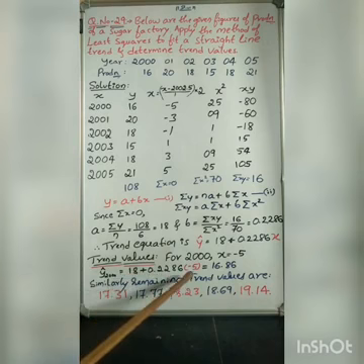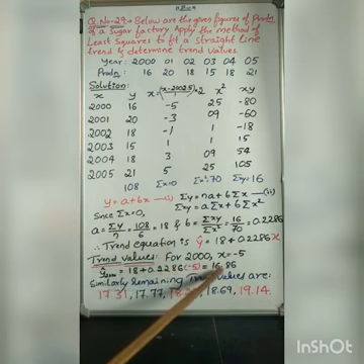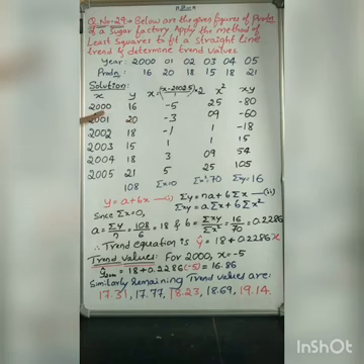After performing the arithmetic calculation, you are going to get 16.86. What is this 16.86? It is the trend value based on linear trend equation at the year 2000.